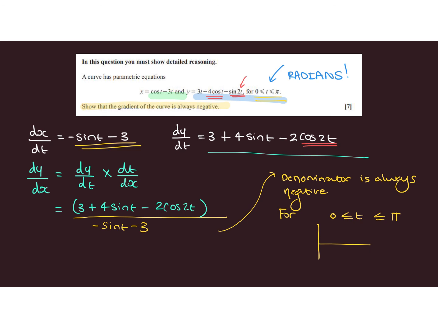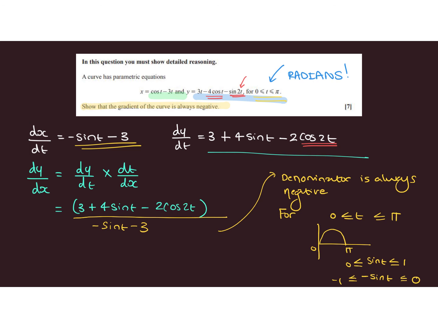And if you think about the sine function between 0 and pi, sine t will always be positive. So sine t will basically be between 0 and 1 for this particular set of t values. So negative sine t will be between -1 and 0. So the denominator is always going to be negative.